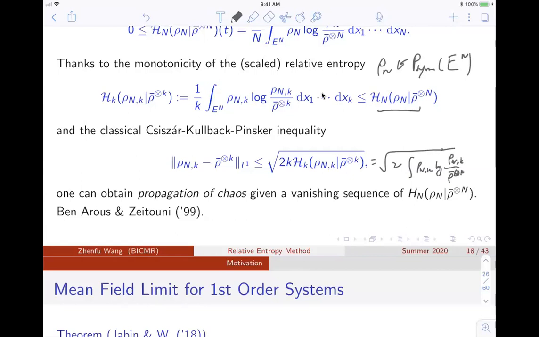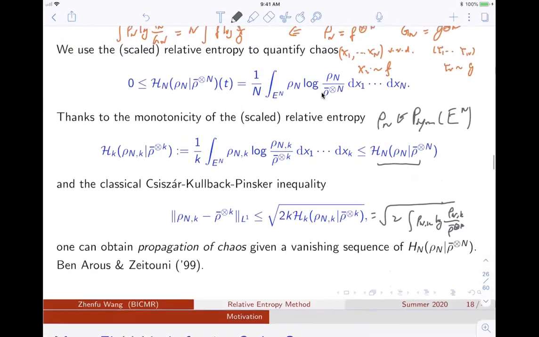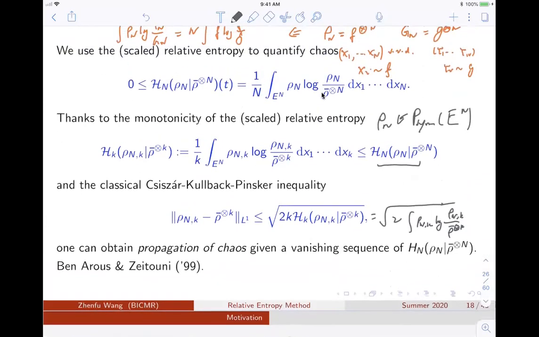And the L1 distance between two probability measures is controlled by the square root of 2 times the relative entropy. So it's the classical Csiszár-Kullback-Pinsker inequality. I just gave you three inequalities, but these three inequalities show why relative entropy can be used as a quantity to measure convergence, in propagation of chaos or the mean field limit.